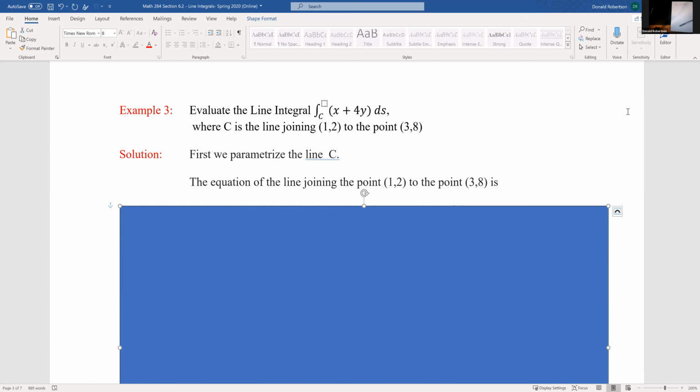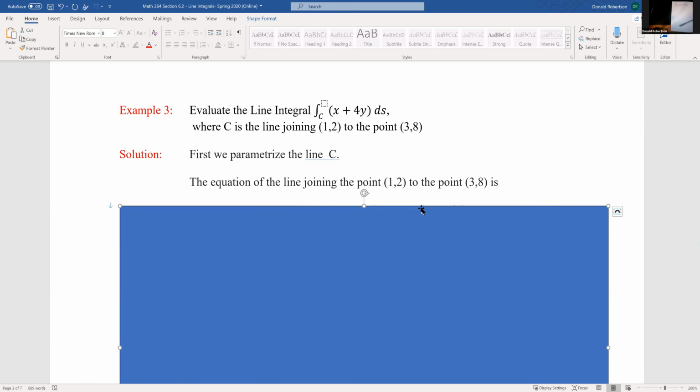How long ago has it been since you've had to find the equation of a line joining 2 points? That could be a long time, right? Because you've been doing such clever math. Hey, a baby question like the line joining 2 points. Does anybody know how you actually do it?